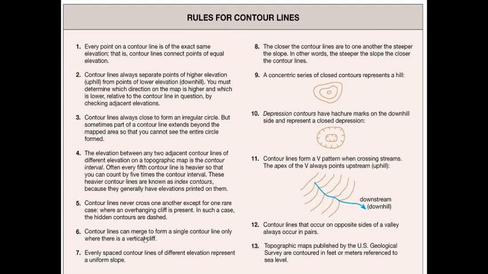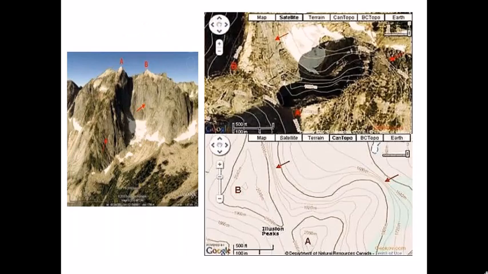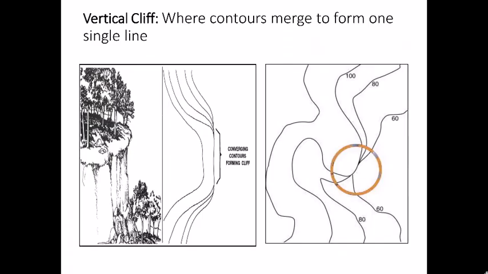Contour lines can merge to form a single contour line only when there is a vertical cliff. So these are two cases which are very different from regular contour maps, and they can only arise if one, you have an overhanging cliff, or two, you have a vertical cliff. A vertical cliff is different from an overhanging cliff, because in a vertical cliff you have this sort of topography where it just goes vertically down.